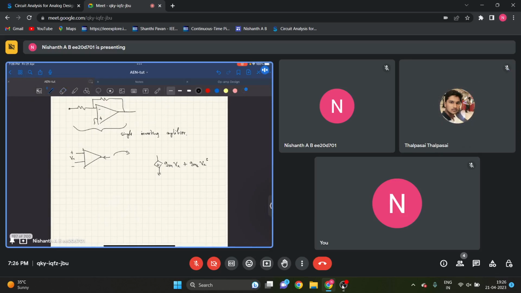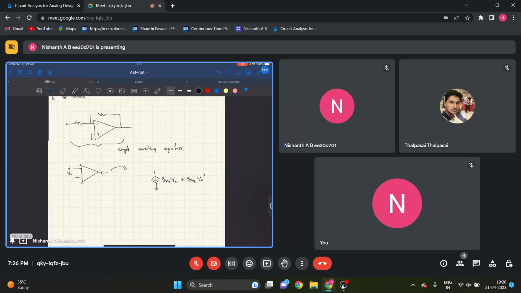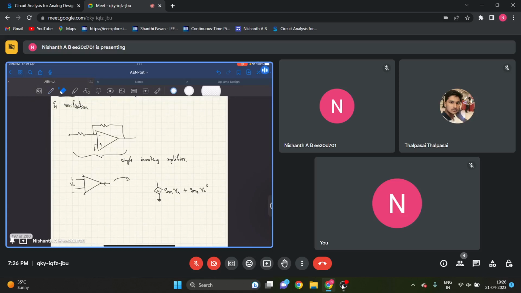Okay. Now someone comes and tells you, Dalpasai, what is this circuit that I have written? Inverting amplifier, sir. It's an inverting amplifier, right? Yes. Let's say this op amp is non-linear and I'm modeling it like this. Gm Vx. Let's say this is Vx, okay?